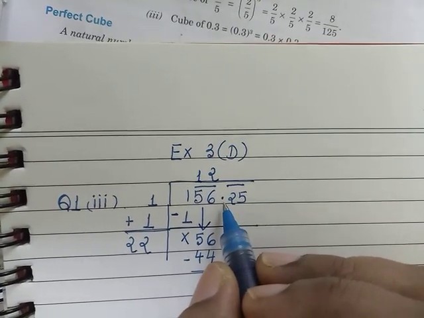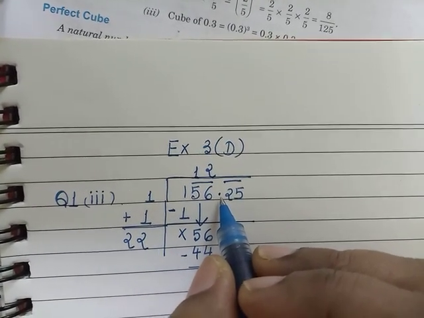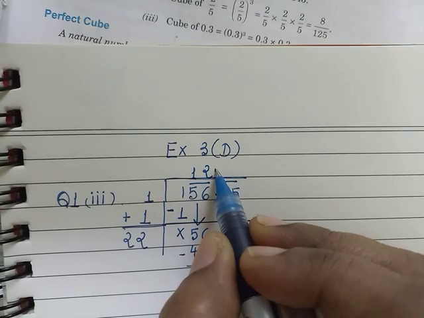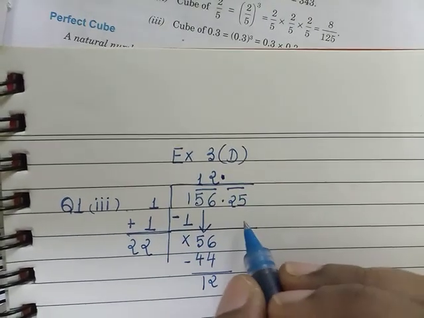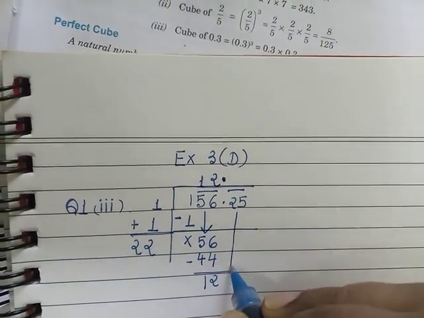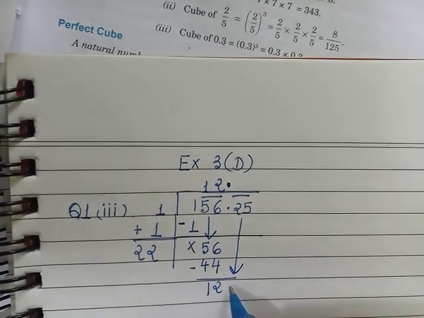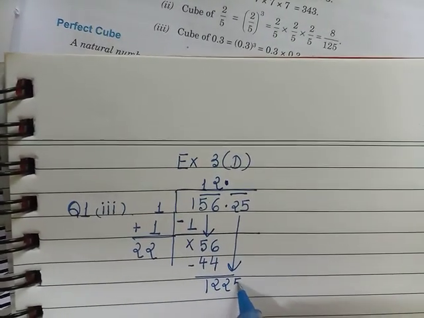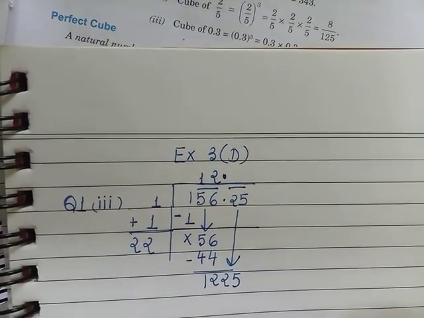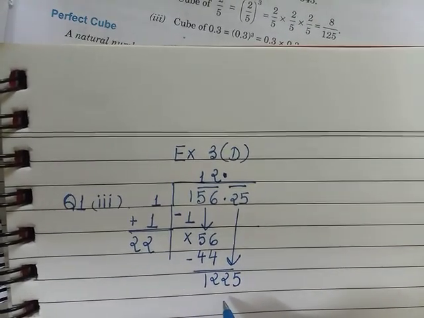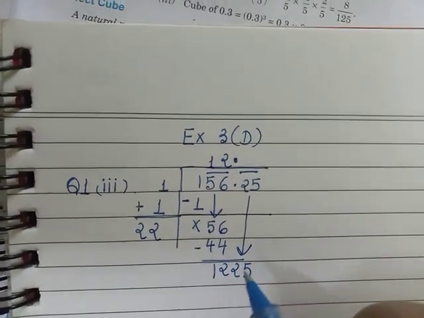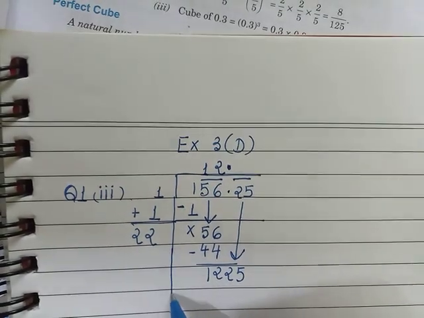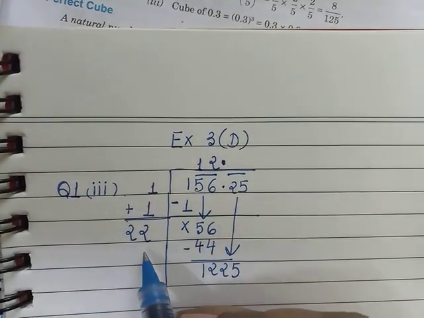Okay, now we have to copy down the next period. Before we copy down the next period, we have a decimal. So we put a decimal above, then only we can copy down the next period. So I copy down the next period. This way we got the new dividend, that is 1225. Now to get a new divisor, we add this 2 here.